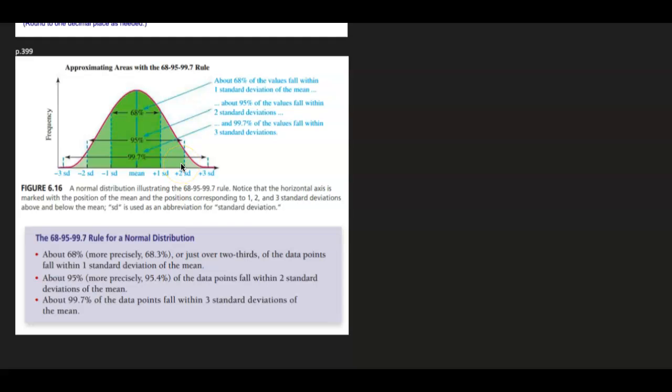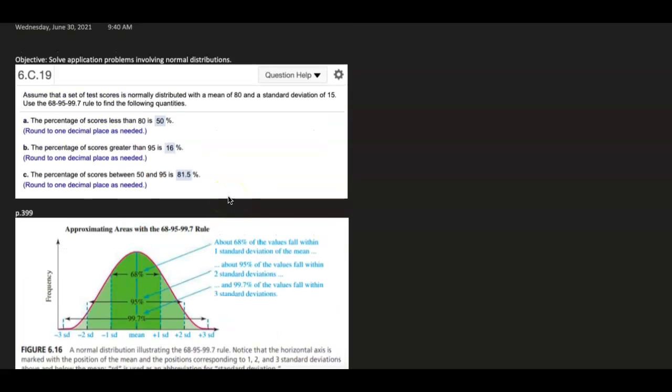And then the last part of the rule says if we go 3 standard deviations out, notice that we're basically at the very tail ends now of this distribution, we have here 99.7% of the values under the curve. So most of the values, almost 100%, are represented 3 standard deviations out from the mean. And that's again summed up down here at the bottom. I personally like the diagram, and that's what I'm going to use to help solve this particular problem.